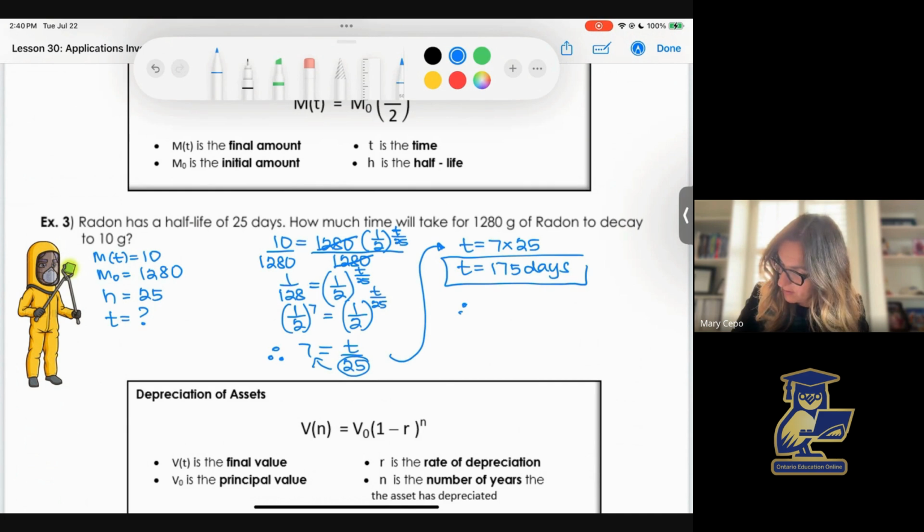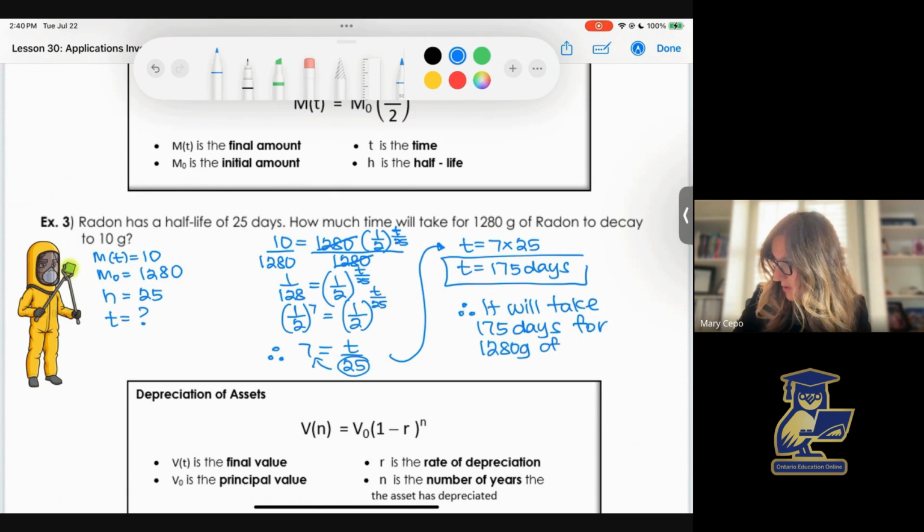So therefore, it will take 175 days for 1,280 grams of radon to decay to 10 grams.